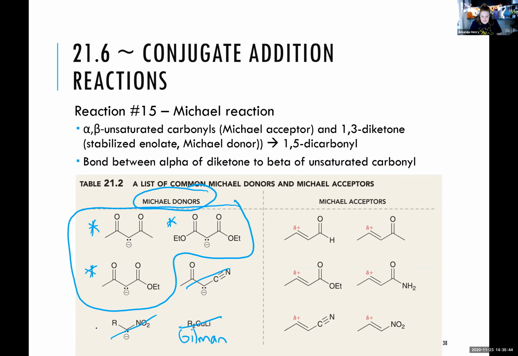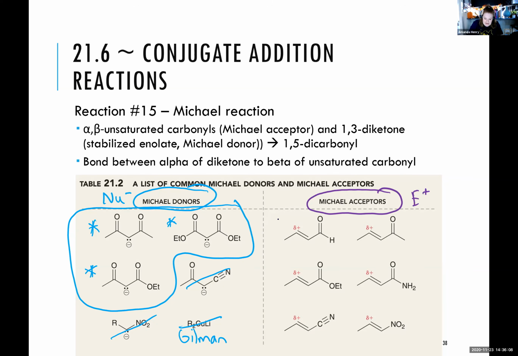Okay, so the other half of this table are the Michael acceptors. I'm going to label this as electrophiles, which means I'm going to go back over here and label this as our nucleophiles. In our Michael acceptor section, on the last slide, I labeled these as alpha beta unsaturated carbonyls.